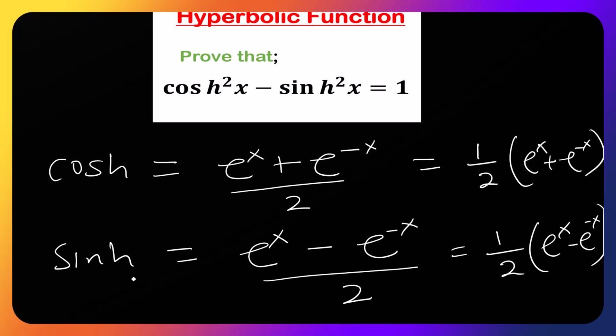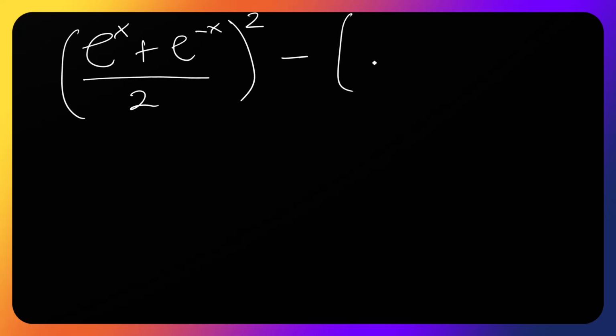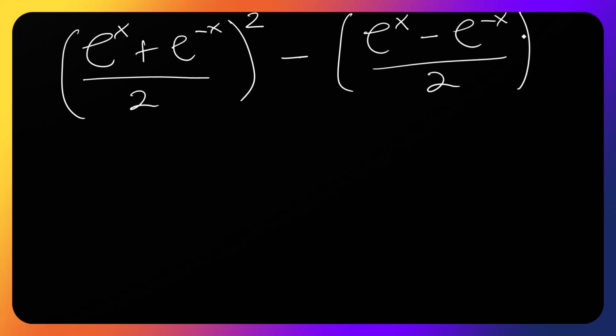Now let's look at the sinh. The only difference will be the minus here. So we have this minus that, on 2, all squared. Now I want to show whether this will give us 1. Once we get 1, it means we are correct.